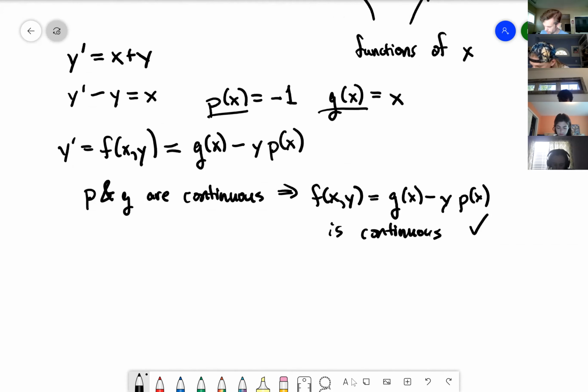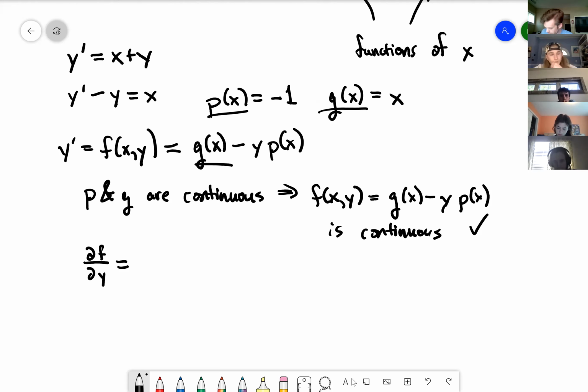The second condition was that the partial derivative of f with respect to y is also continuous. And so we have that the partial derivative of f with respect to y, this first thing here is just a function of x, so the partial with respect to y of that is just 0, because as y changes, Q of x doesn't change at all. And then minus y, P of x is just considered a constant when we take the derivative with respect to y.